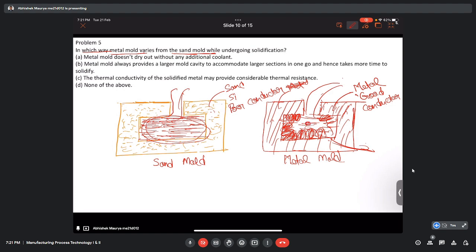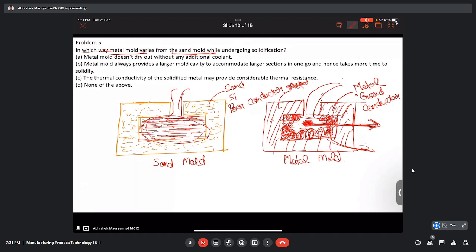Here heat is moving from the center to the ambient, and heat transfer is highly sensitive to the thermal resistance or the thermal conductance of the material.